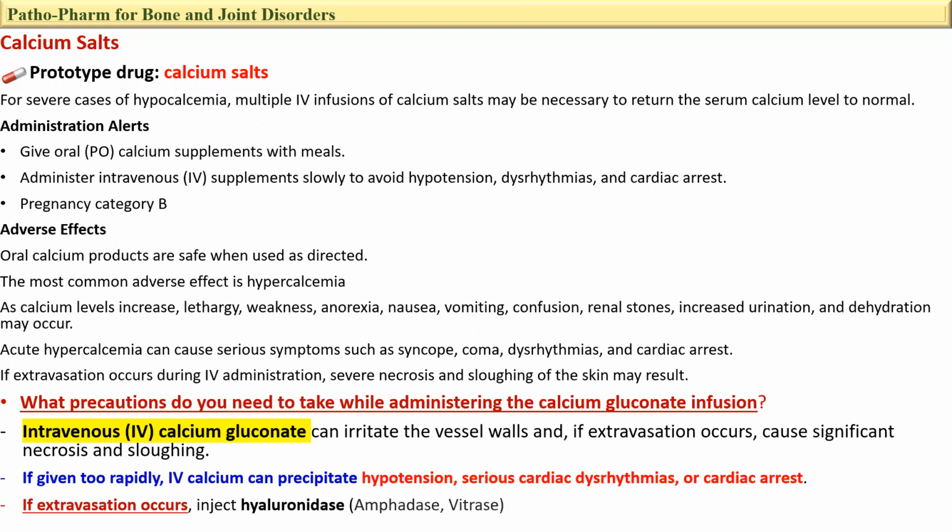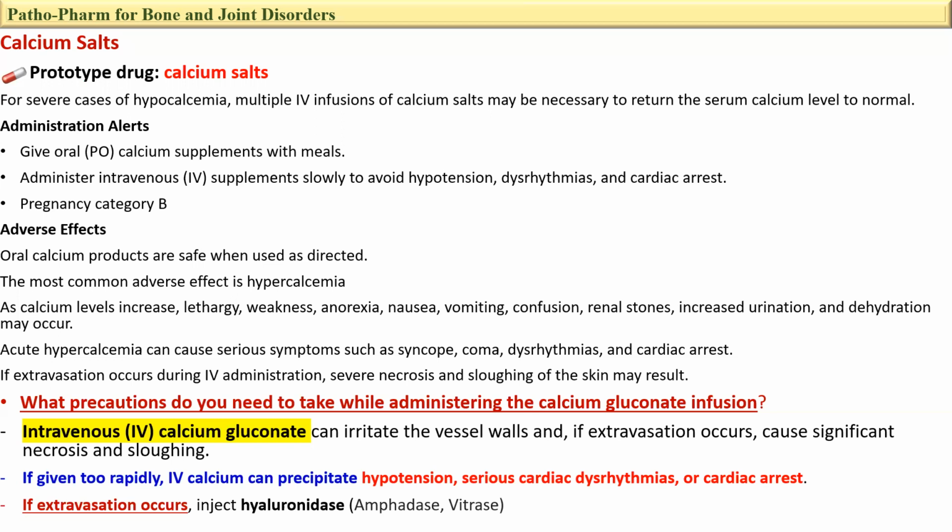So let's go back and review. For mild chronic hypocalcemia, we prescribe calcium supplements that are effective and readily available as over-the-counter drugs in a variety of formulations. Calcium carbonate and calcium citrate are the two most common salts for routine supplementation of calcium.